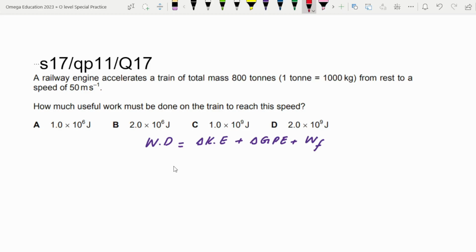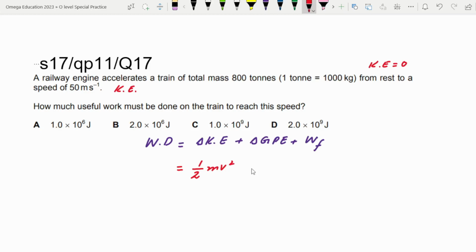Now, as the train moves from rest to a speed of 50 meter per second, would there be any change in kinetic energy? The answer is obviously there would be. At rest, the kinetic energy is 0, and at a speed of 50 meter per second, there would be some kinetic energy. So the change in kinetic energy, since the initial is 0, would simply be the final kinetic energy, 1/2 mv squared.